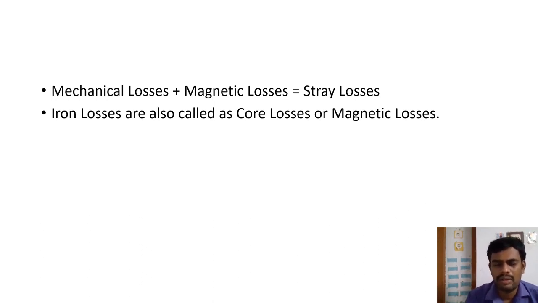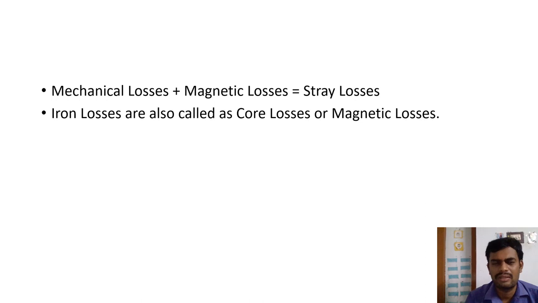And the iron losses are of two types: hysteresis loss and eddy current loss. We can reduce the hysteresis loss and eddy current loss by using laminated sheets and silicon steel material. And coming to the rotational losses, in order to reduce the frictional losses we use bearings, and there are also air friction or windage losses.